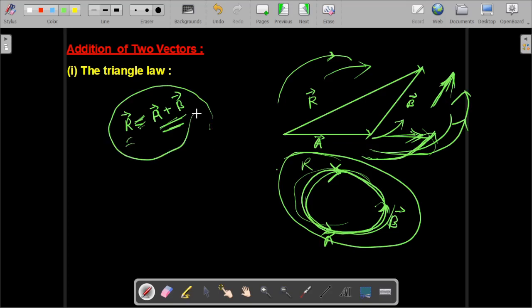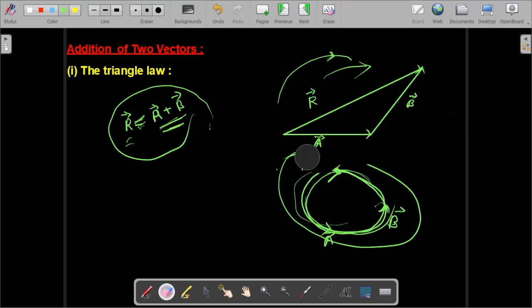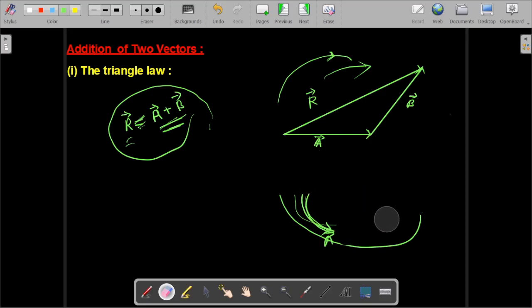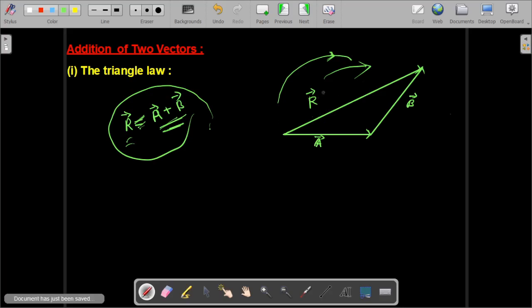This is a technique, but the main triangle law is simply this. Two vectors are in this way. Just draw the resultant vector in such a way that its beginning point is the beginning point of the first given vector, and the end point of the resultant vector is the end point of the second given vector.